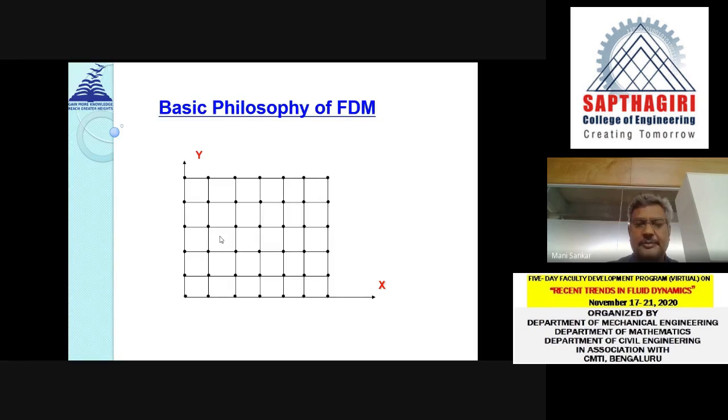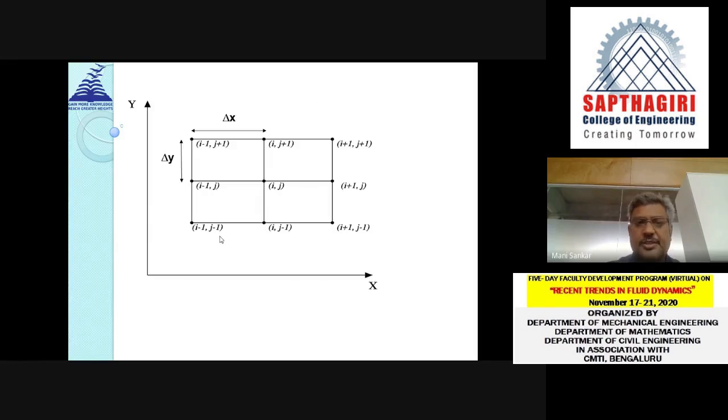The distance between two grid points is called the grid spacing or mesh spacing. Generally, the grid spacing need not be the same, but it can also be the same. So I take a general grid point (i, j), where i is the index along the x-axis and j is the index along the y-axis.